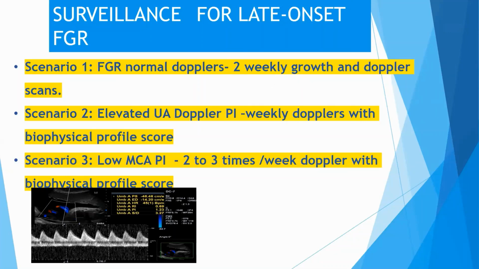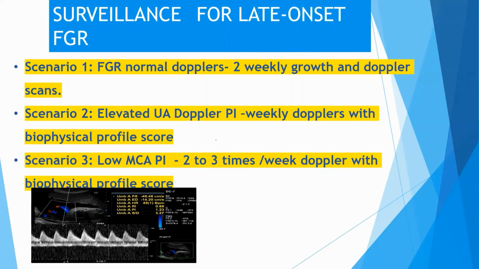In scenario 2, we now have an elevated umbilical artery Doppler PI. So in this case, we reduce the follow-up time to weekly Dopplers with biophysical profile score. And then in scenario 3, the MCA PI has become low.